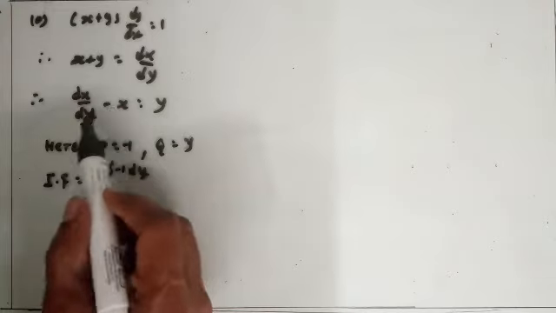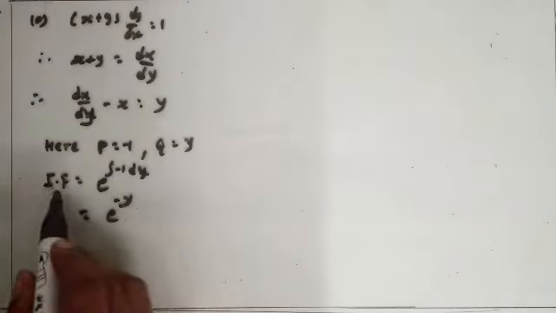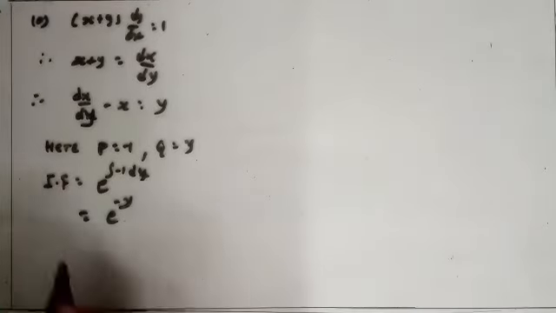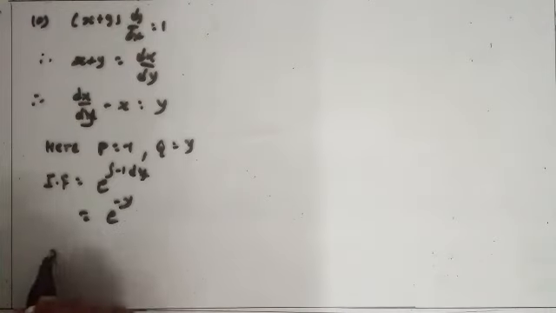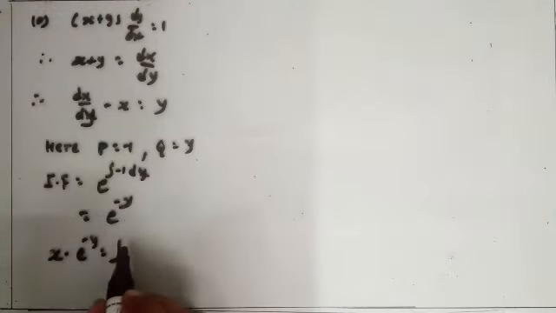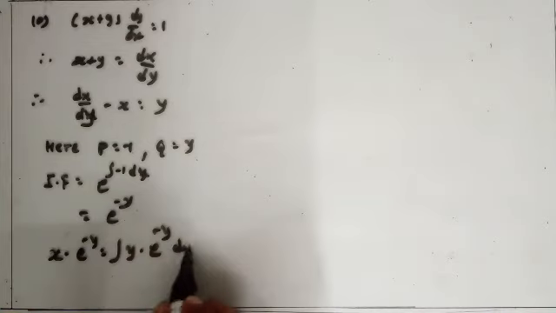So the integrating factor is e raised to minus y. So the solution is x times the integrating factor e^(-y) is equal to the integration of Q, which is y, into the integrating factor e^(-y) dy.